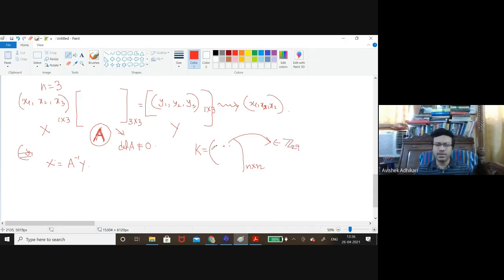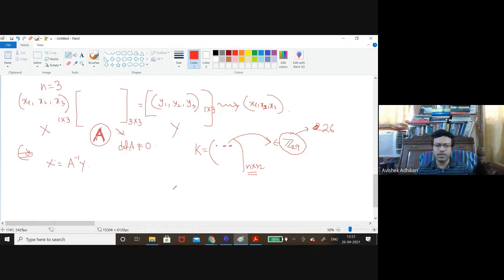If I ask you this question, how many non-singular n cross n matrices can you find with entries from Z29? So it was Z26, right? Instead of 26, if I convert the question to Z29, how many non-singular matrices will we get? Can you tell me very quickly?